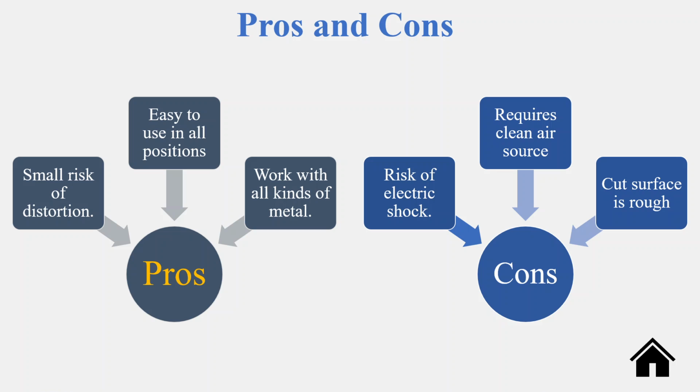The second thing is that it requires a clean air source for the purpose of ionization. And last but not the least disadvantage is that the cut surface is somewhat rough, and this is a very big disadvantage. That's why if you prefer some other method over plasma cutting, this will be the major reason behind that, or the root cause of that.